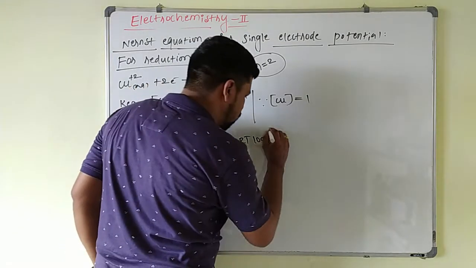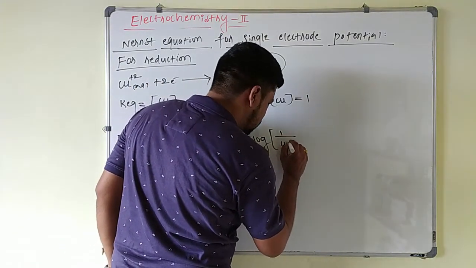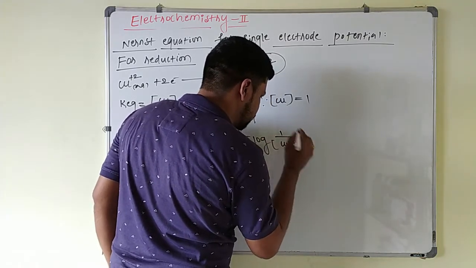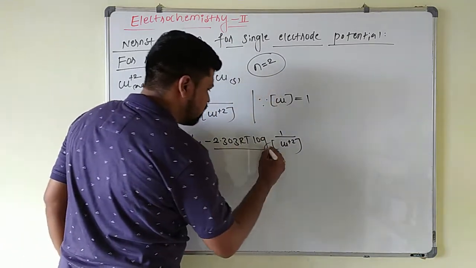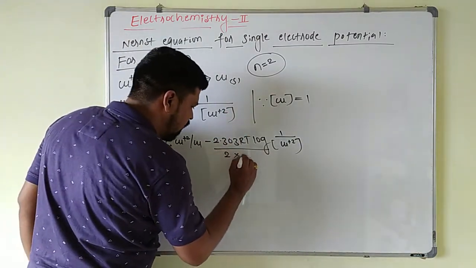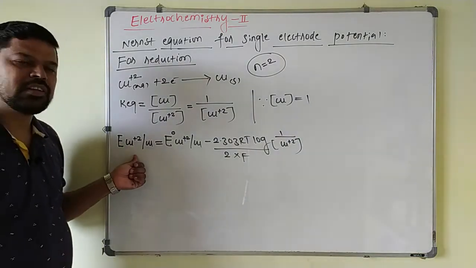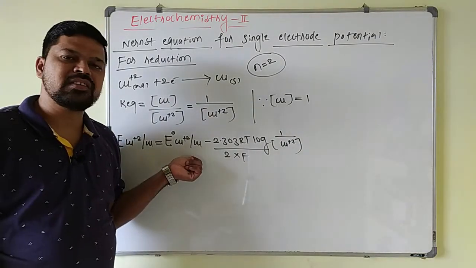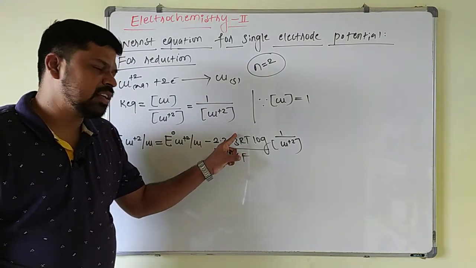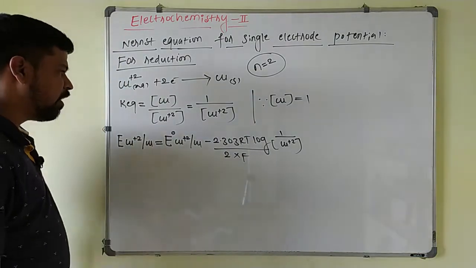This is log of 1 by the copper plus 2 ion concentration. Here this is divided by what? NF. What is N here? 2, and F is Faraday. So this is the reduction potential of copper: standard reduction potential of copper, Faraday, temperature, gas constant, and this is the molar concentration of copper plus 2 ion here.